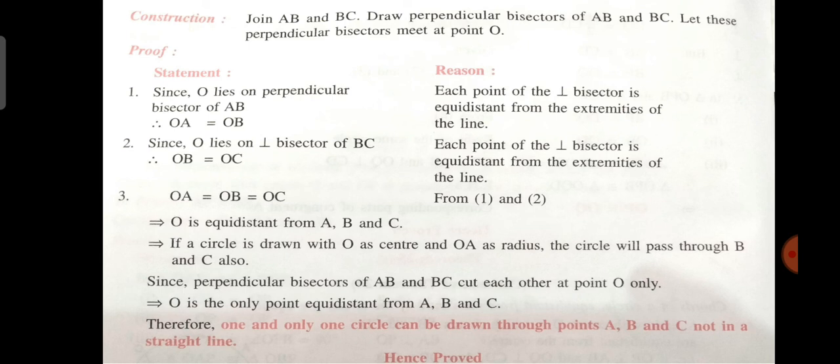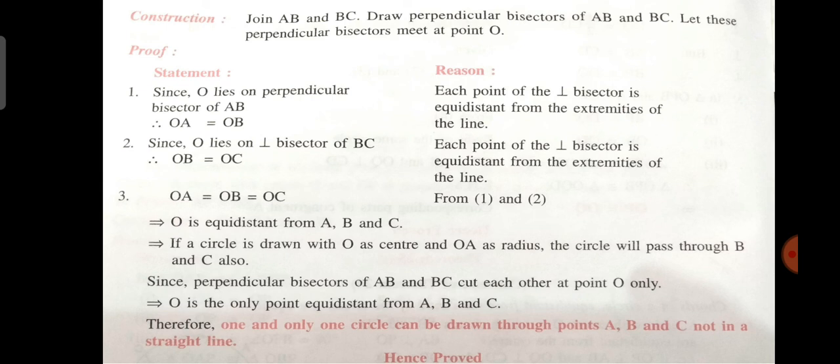From the above two equalities, OA is equal to OB and OB is equal to OC, which implies O is equidistant from A, B, C. That is, if a circle is drawn with O as center and OA as radius, then it passes through B and C also.